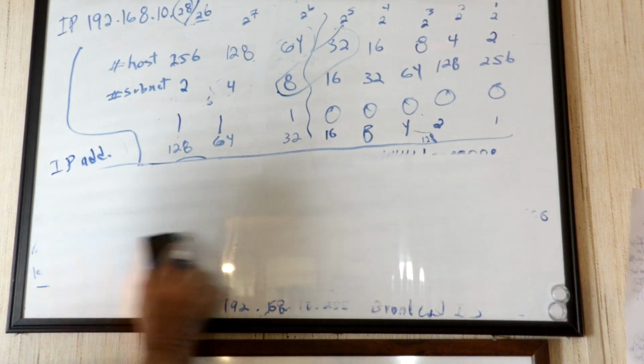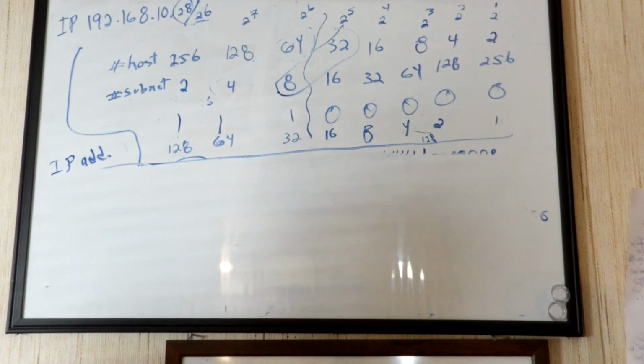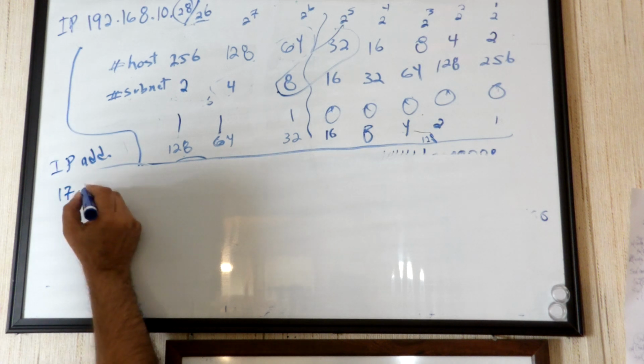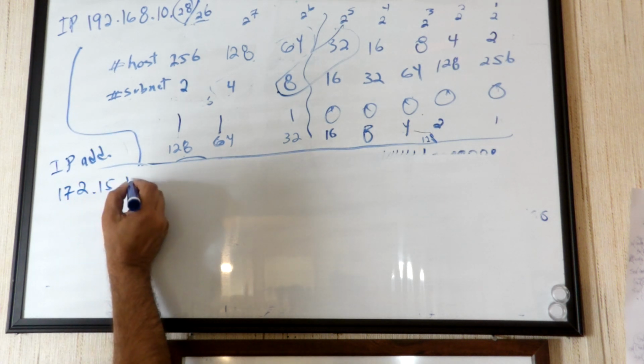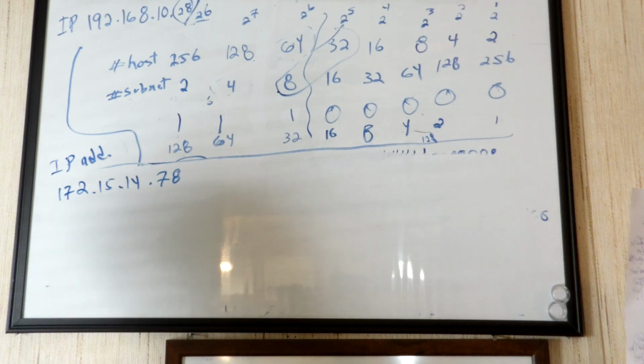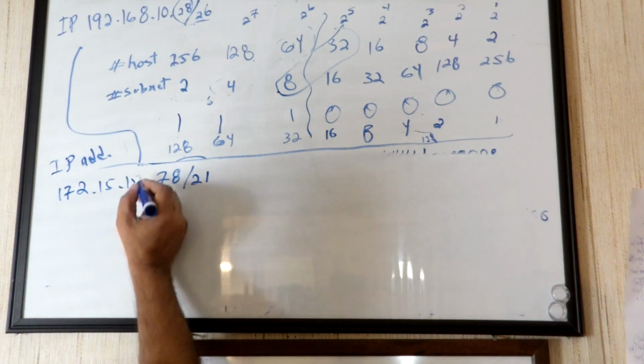In this example we want to find the same thing. We want to find the network and host for the IP address 172.15.14.78, and the prefix is 21.